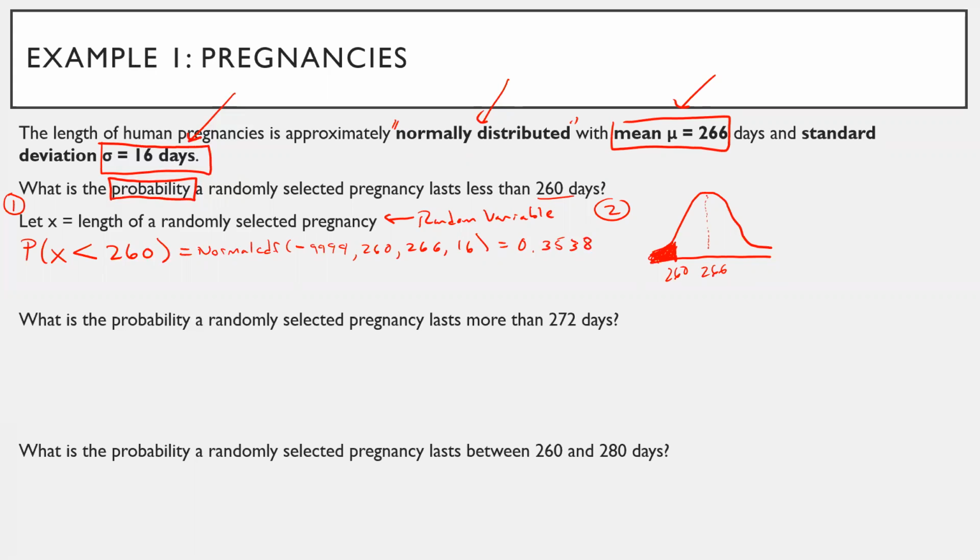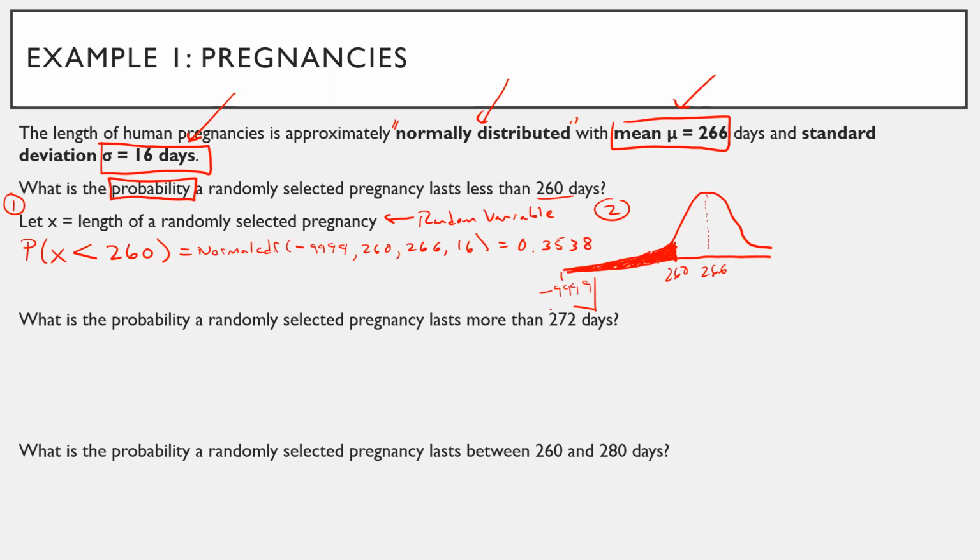Yep, I'm still a little confused about... So here's what's going on, why you have to put that number in. This number line actually goes on forever. Obviously a human pregnancy can't last less than, you know, however many days it is. So what you do is you just put in a ridiculous number to capture all the way to the tail.